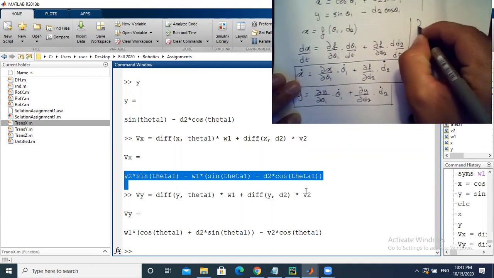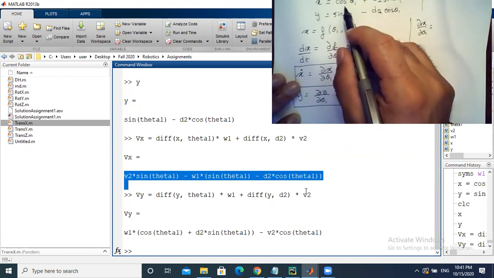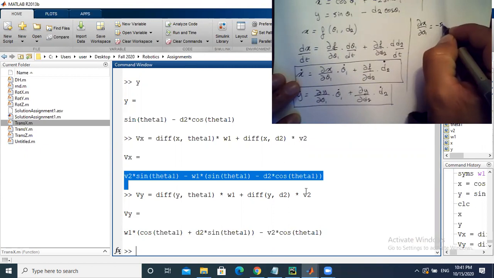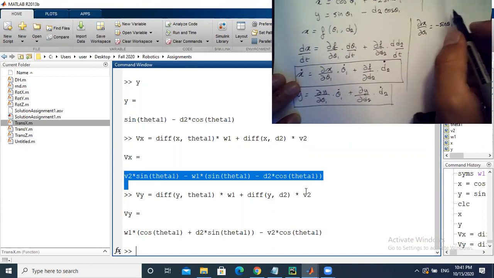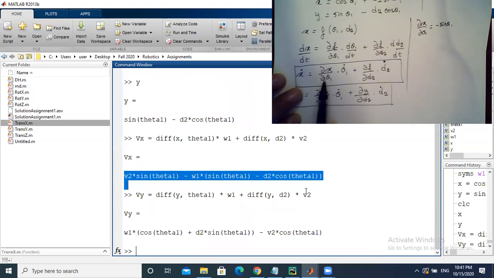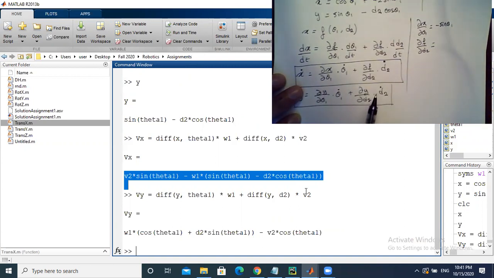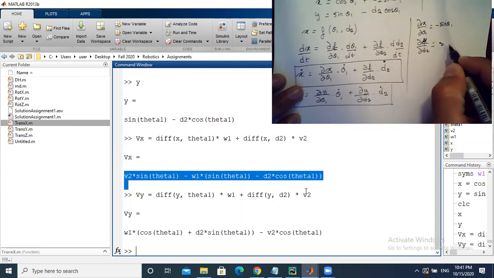If I do dx d theta 1, it is going to be equal to, differentiation of cosine is minus sine theta 1, and then the partial derivative. So dx d theta 1 is equal to that. And dx dd2 is equal to sine theta 1.